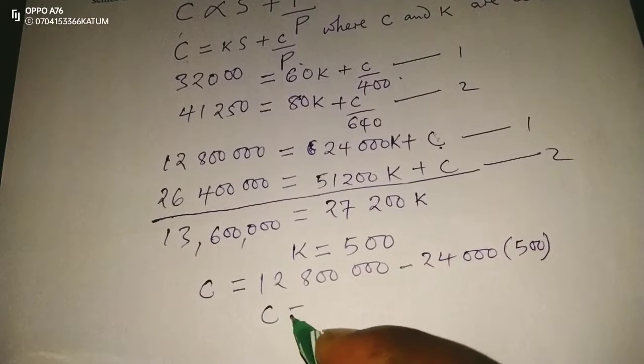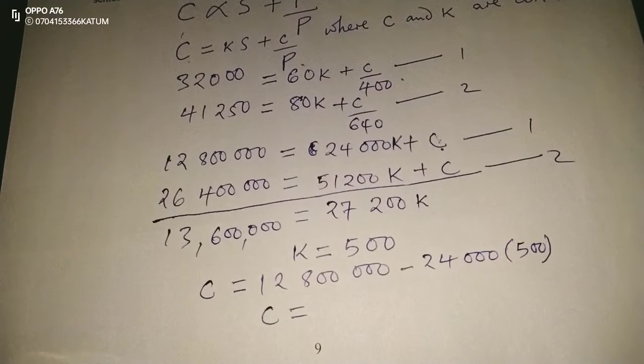So C is going to be 12,800,000 minus 24,000 into 500. And this becomes 800,000.